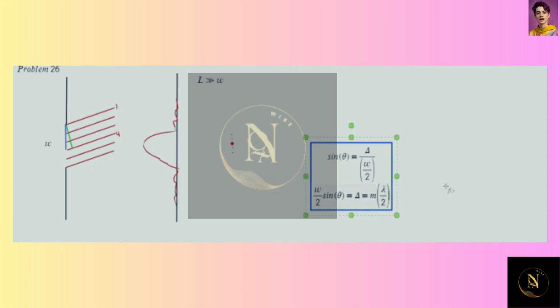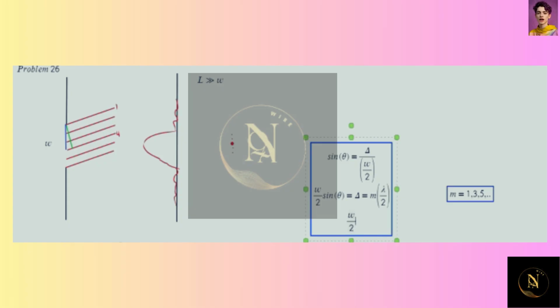So here m is going to be equal to 1, 3, 5, etc. Here, m is equal to 1, because it's going to be the first order diffraction. So here, let's go ahead and plug everything in for m.